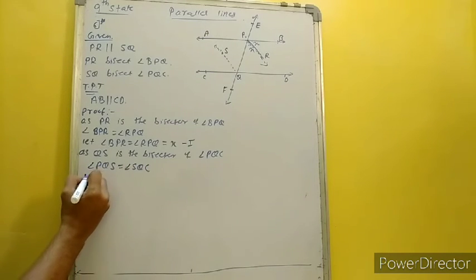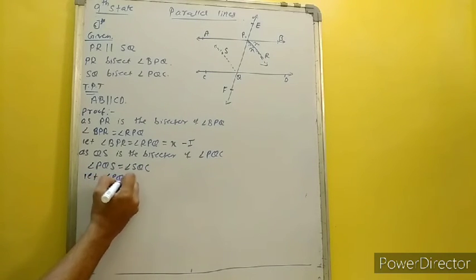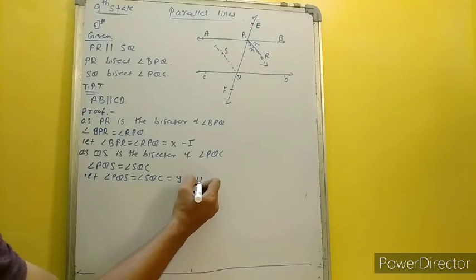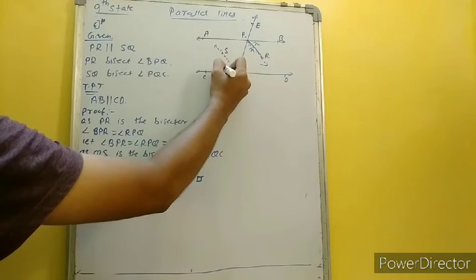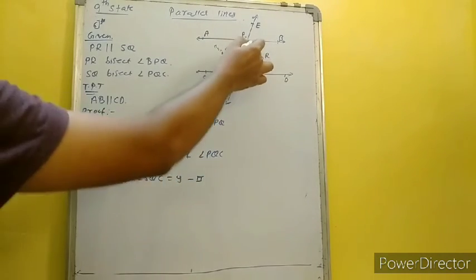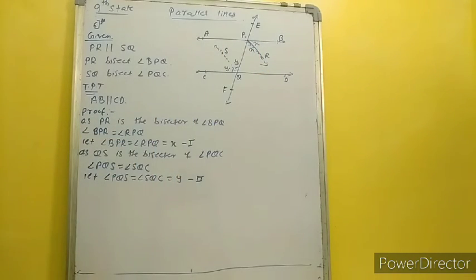Let PQS equal SQC equal Y. So I'm taking this angle and this angle as Y. Okay, so we have these two angles as X and these two angles as Y.